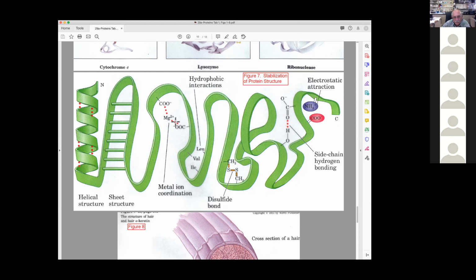So this negative charge is attracted to that positive charge. That negative charge is attracted to that positive charge. So this forms an attractive force between this part of the protein and this part of the protein to hold it together. So in this case, they're using magnesium. It could be really any metal ion that's particular for that protein.